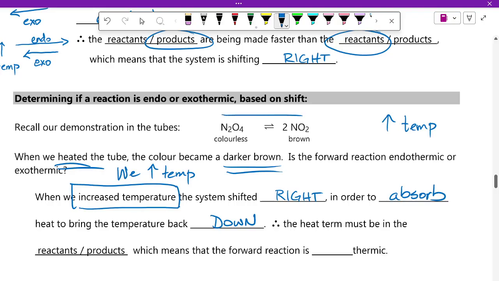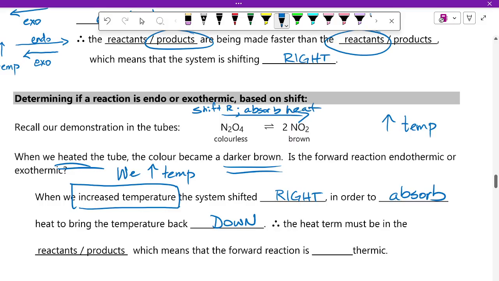And if it is shifting right and it is absorbing heat, where is the heat term? We're shifting right, we're absorbing heat.